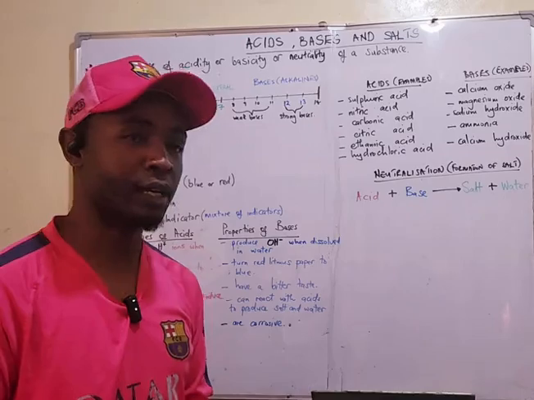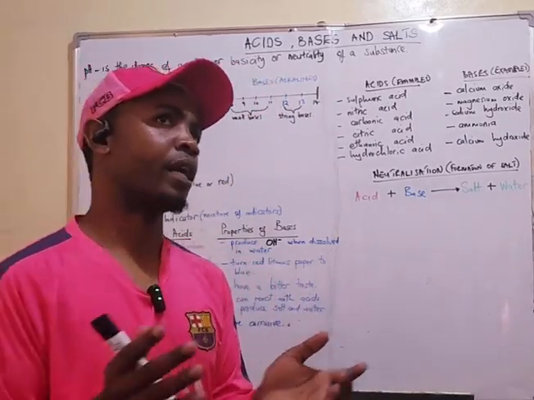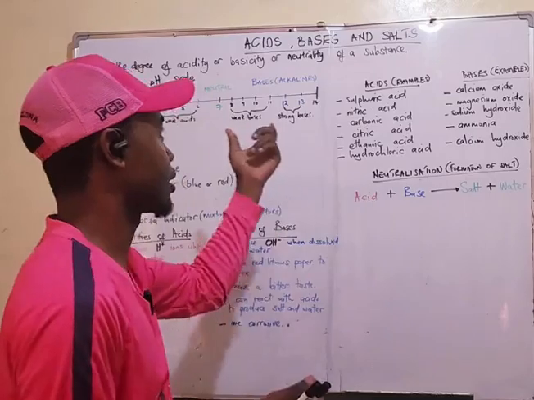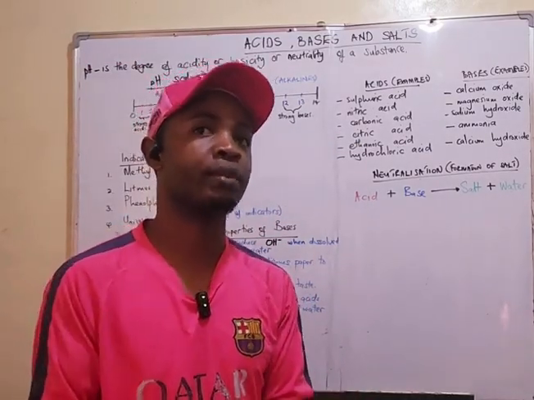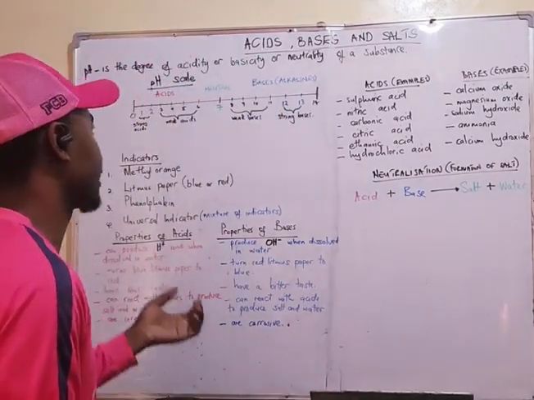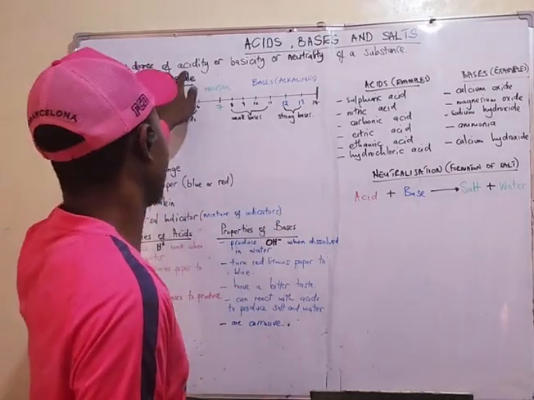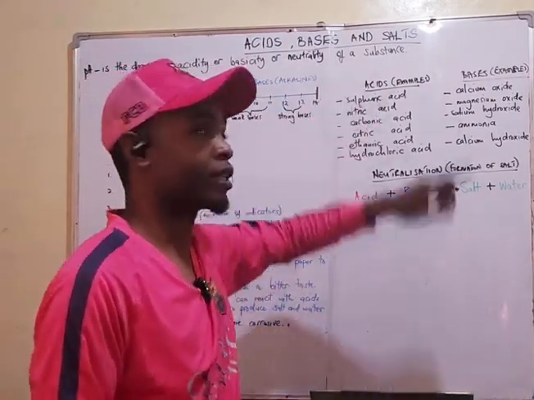These substances, we can identify whether they can be classified as acids or bases by checking what we call their pH level. So what is pH? We can simply define pH as the degree or extent of acidity, basicity, or neutrality of a substance.